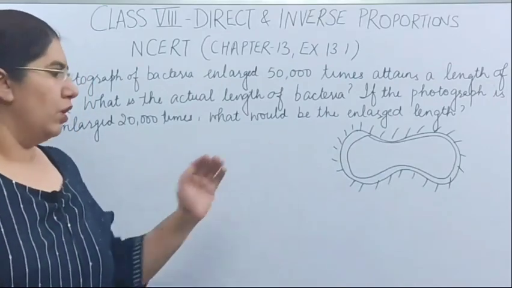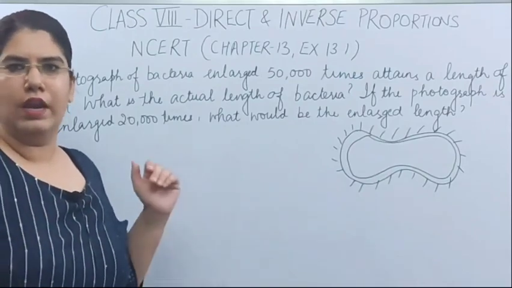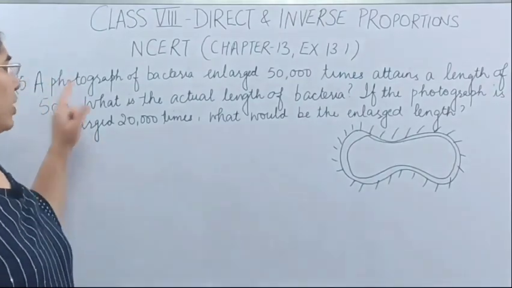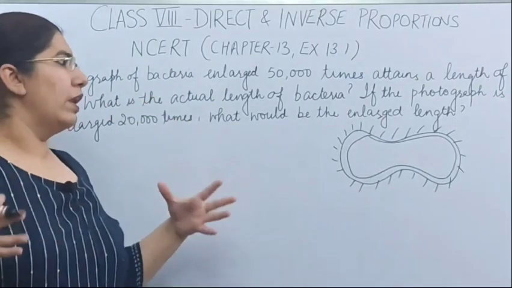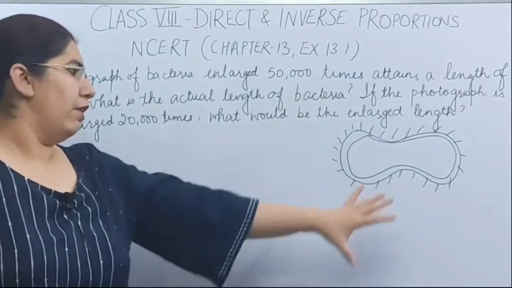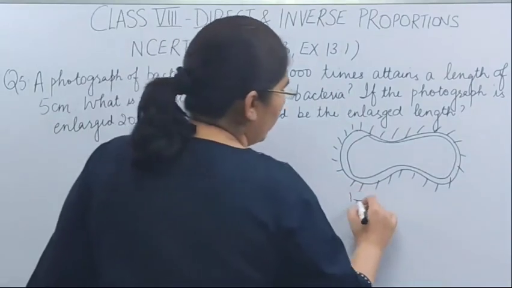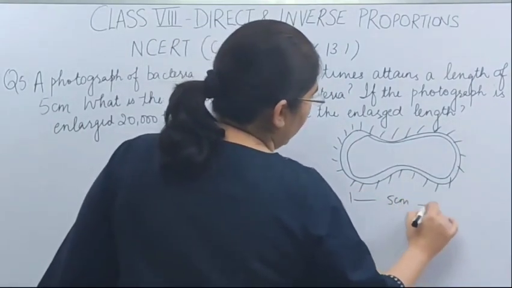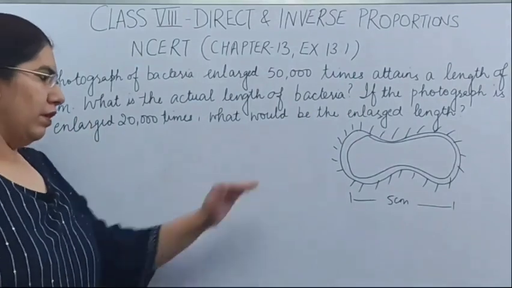So when you zoom, you are able to enlarge the length. Now the question says that once you enlarge it 50,000 times, the size of the photograph is 5 centimeters. So you are able to see that the length of this bacteria becomes 5 centimeters, right.